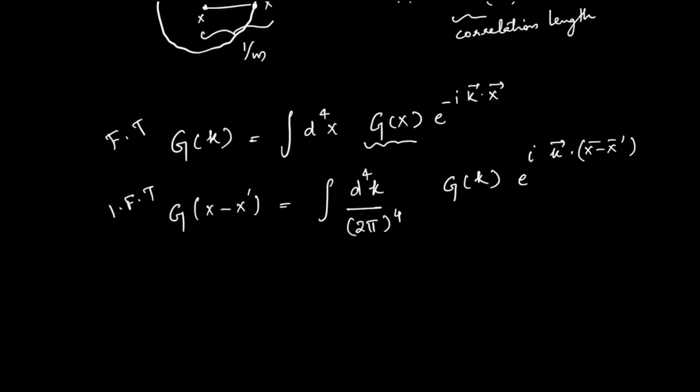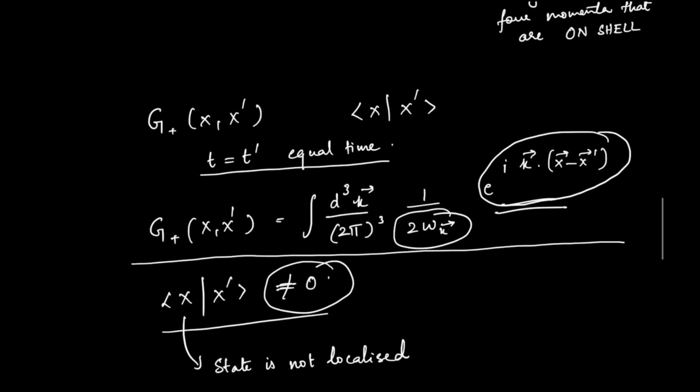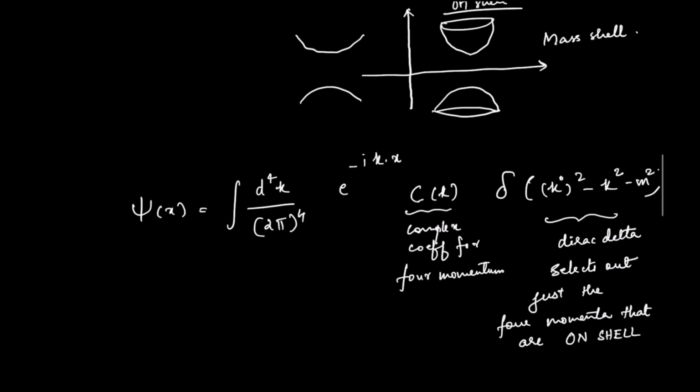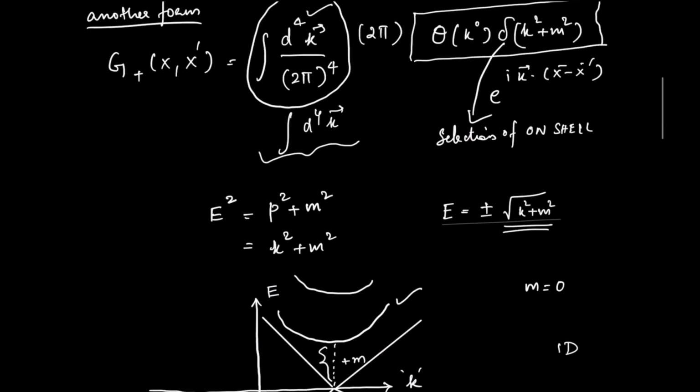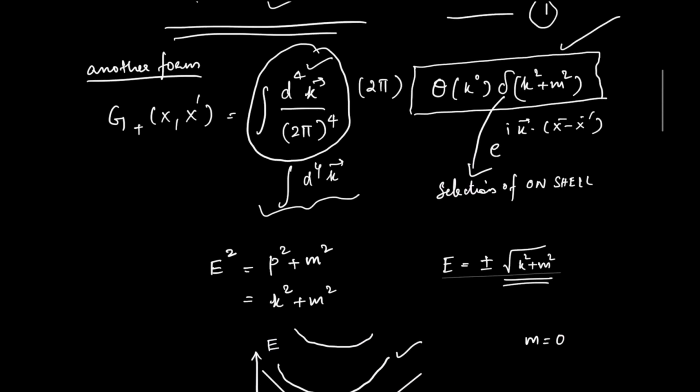Now if you compare this with equation 1, the equation just after equation 1, that is another form of g plus. So if I compare this g plus, then I have to find the analog of theta and delta of k square plus m square.